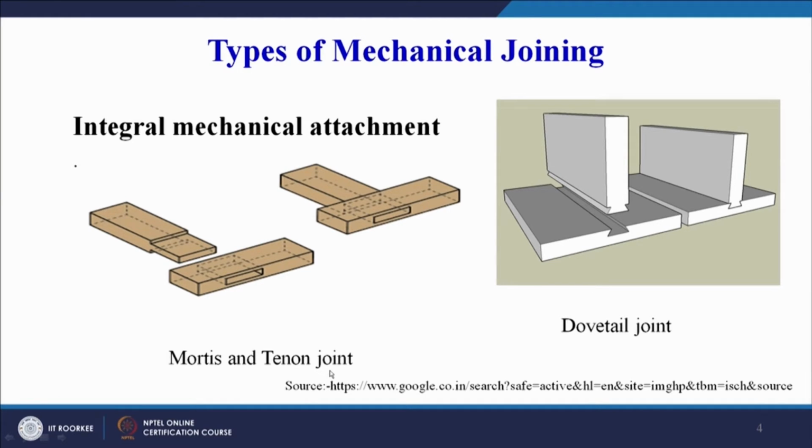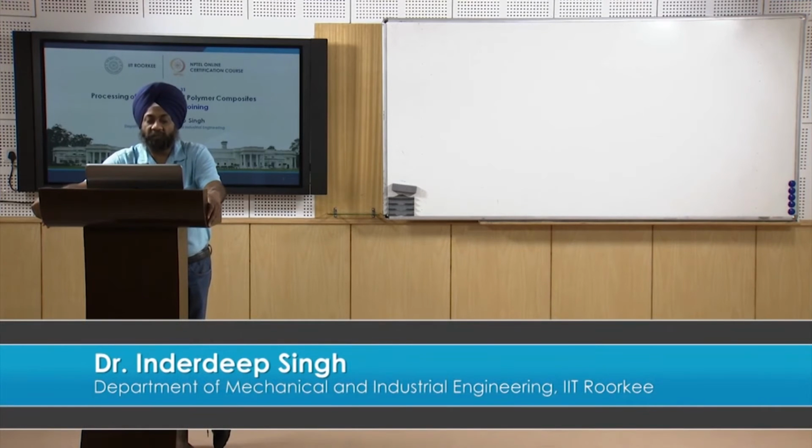Those of you from a mechanical or production engineering background might have gone to the workshop during your first or second year and been told to make this mortise and tenon joint, especially in the woodworking laboratory or carpentry shop, where we plane the wood and make an integral joint, that is the mortise and tenon joint.